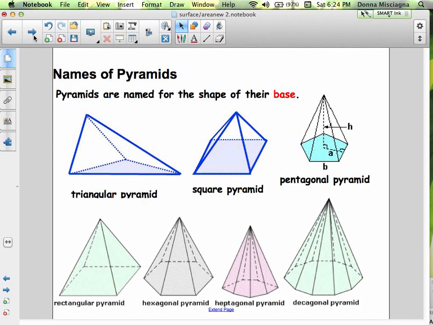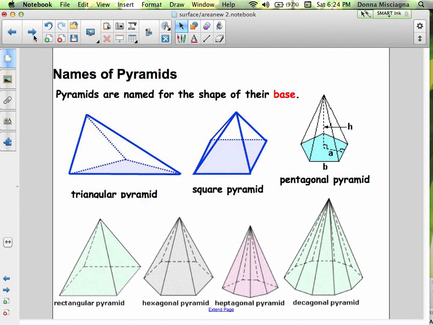Pyramids are named for the shape of their base. So here we have a triangular pyramid. The base is a triangle. We have a square pyramid, a pentagonal pyramid, a rectangular pyramid. A square pyramid is a type of rectangular pyramid. Hexagonal pyramid, heptagonal pyramid, decagonal pyramid.